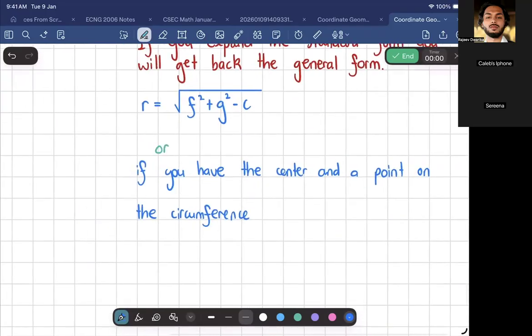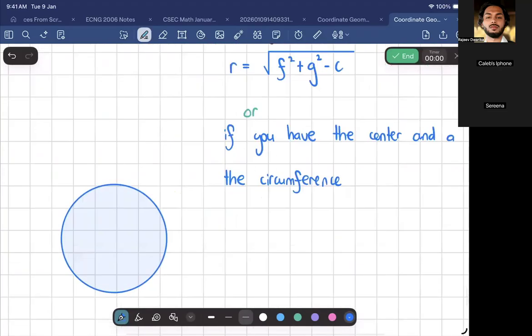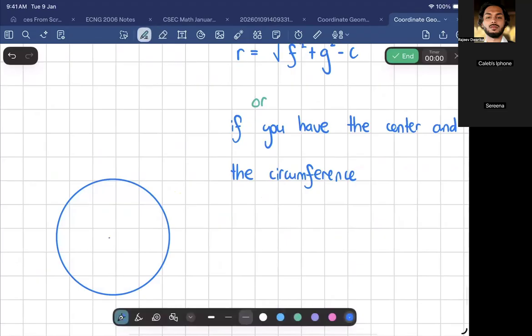So here what I'm saying, guys, if you have a circle and you have a point in the center and a point at the circumference, what formula do you think you could use to find the length of the radius? I promise you it's something we covered in class today.